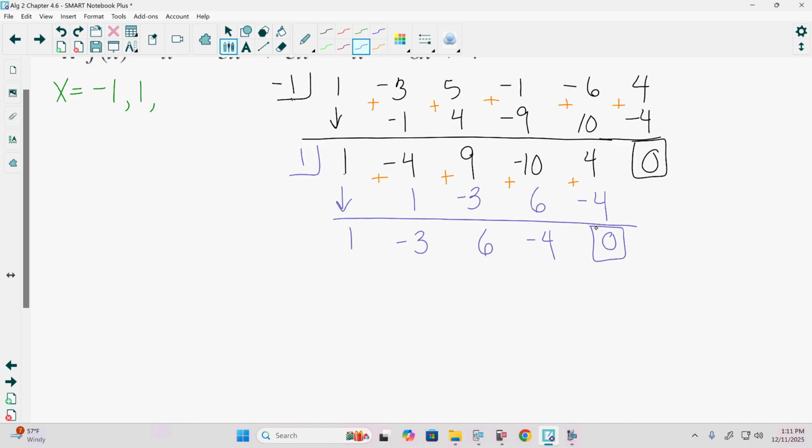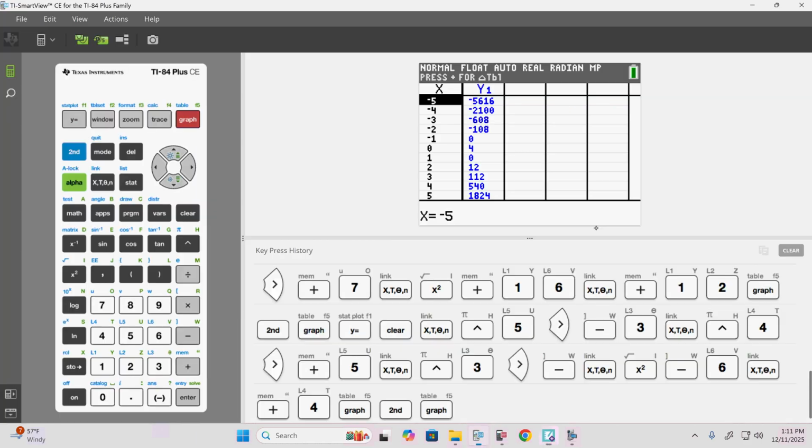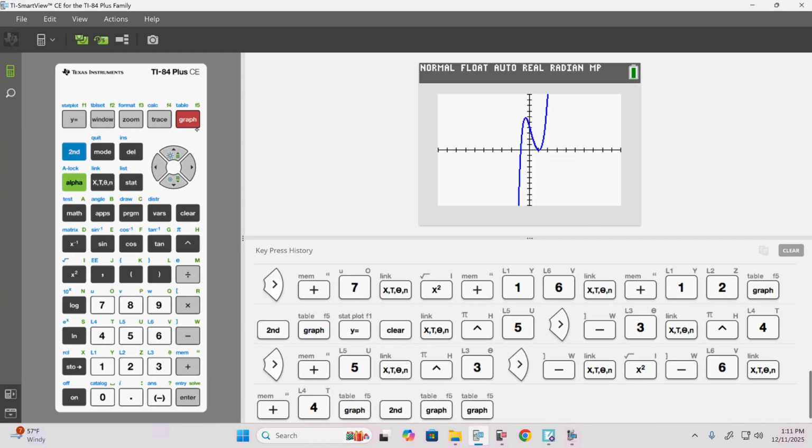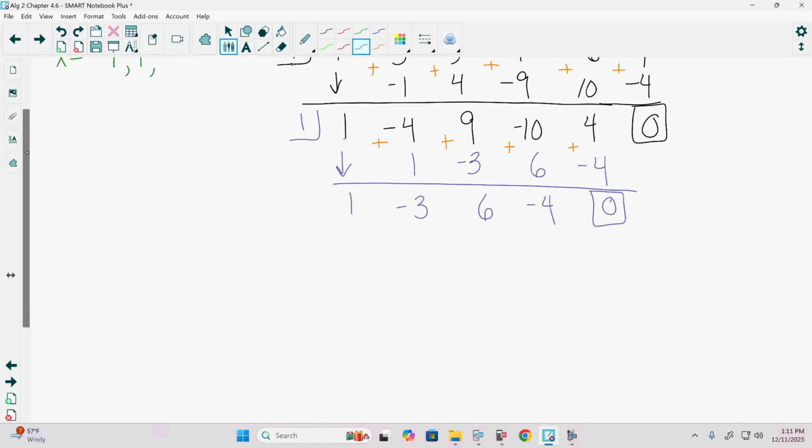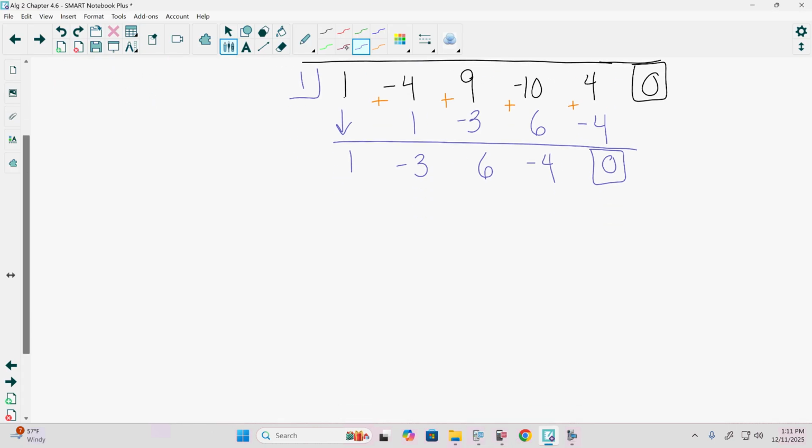So we do have those 2 solutions. And again, if we go back and look at the graph, at +1, it looks like it touches it but does not cross that x-axis. So there's a good chance that +1 should work a second time.